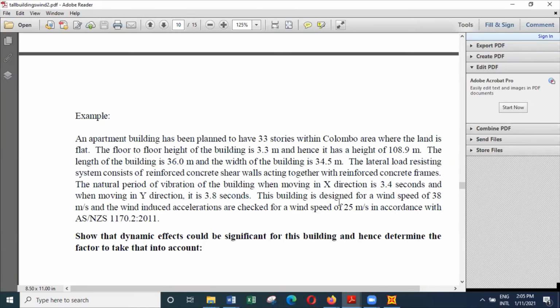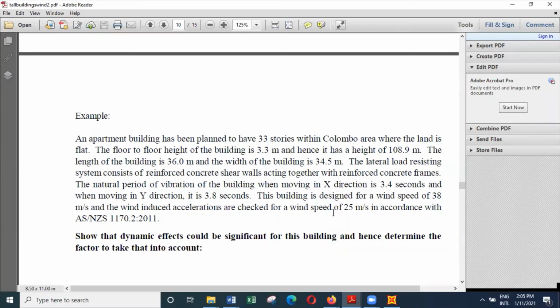Generally, when you look at the acceleration of the building, we do not design for a very long return period. Under acceleration conditions, we consider a return period of like 1 to 2 years, because just because you felt a little acceleration on a windy day, it's not going to do much harm unless the acceleration is too high.